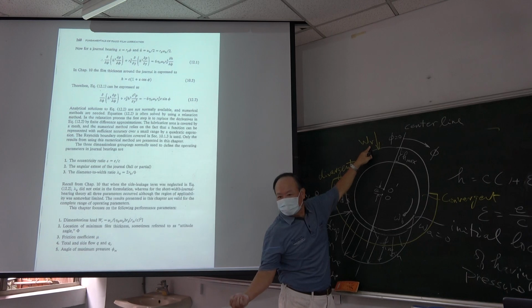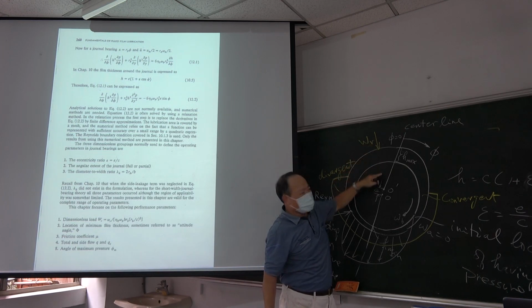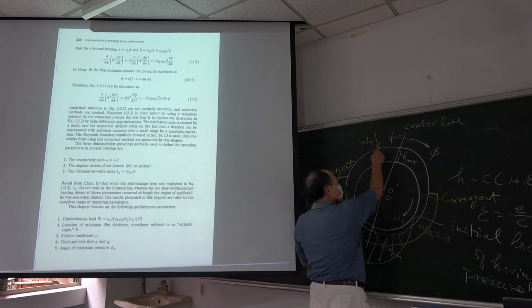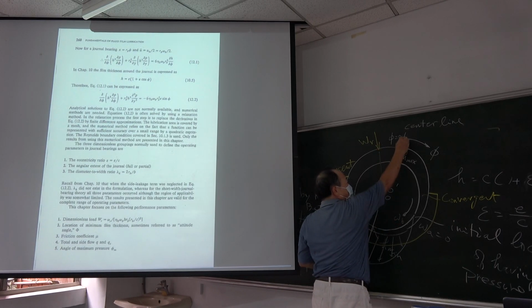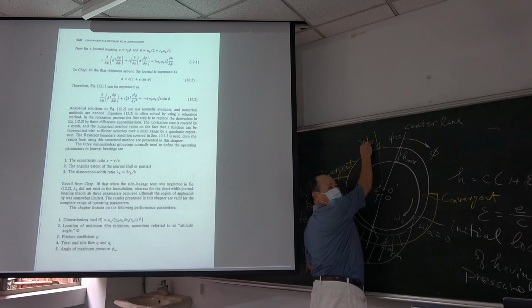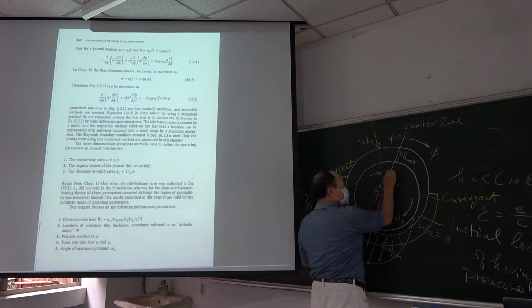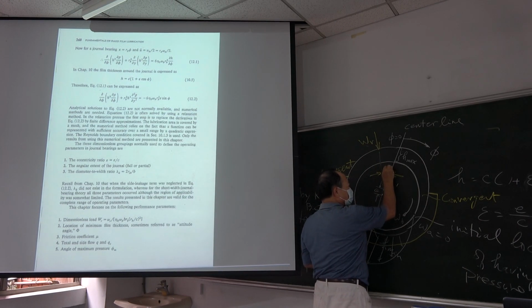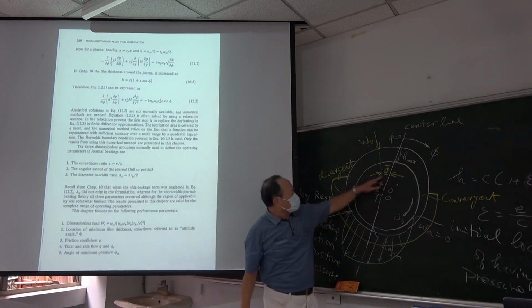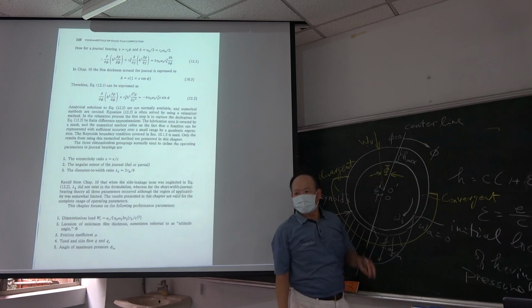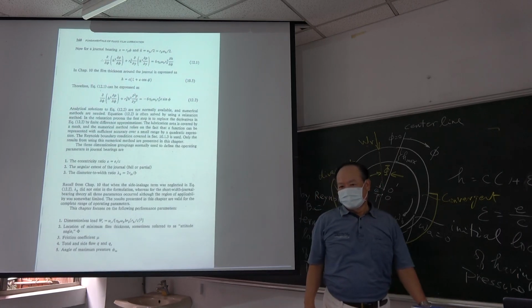You have to determine the direction and the magnitude first. Then there is an angle between the center line and your load direction. This angle we call phi bar, the attitude angle (姿态角).